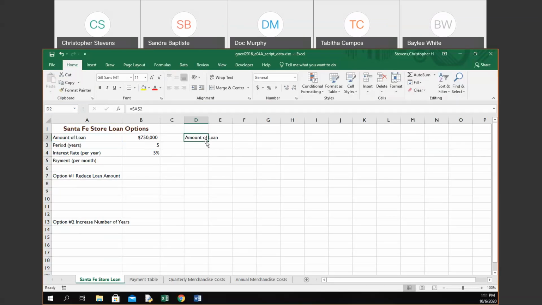So here's A2. If I move this down, this is also going to be A2 because I said it needs to be exactly A2. That's what those dollar signs mean. The dollar sign tells it needs to be exactly A. This one says exactly 2. So together, it exactly needs to be A2. No matter how I move it, it's never going to change from A2.